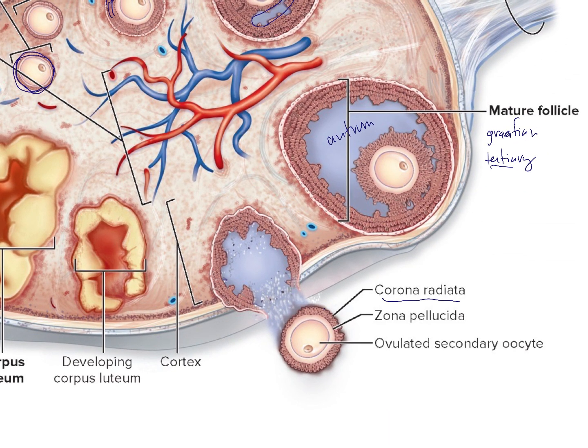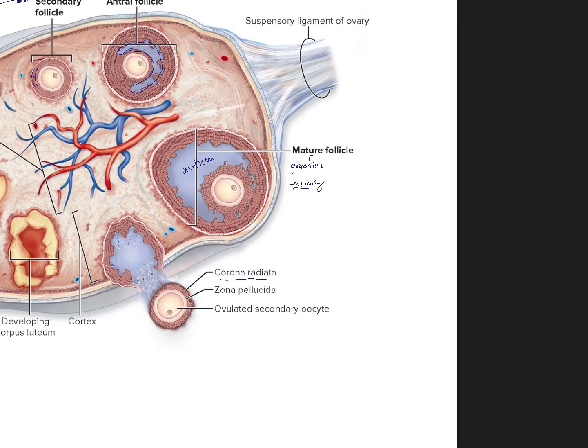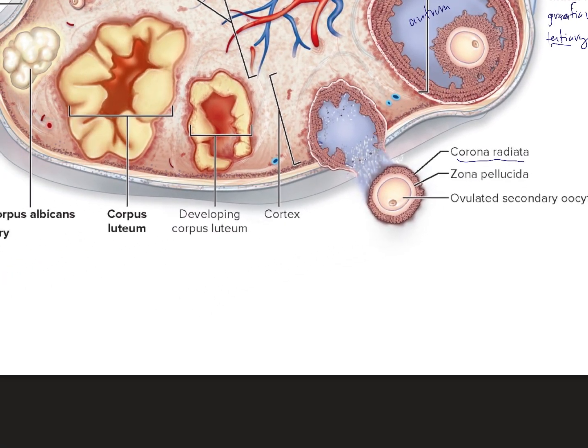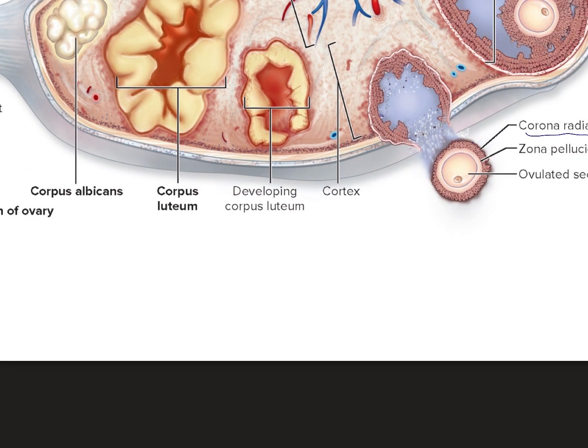So what we've done is gone through the phases of what we call the ovarian cycle. The ovarian cycle is the events that occur in the ovary during a monthly female reproductive cycle.